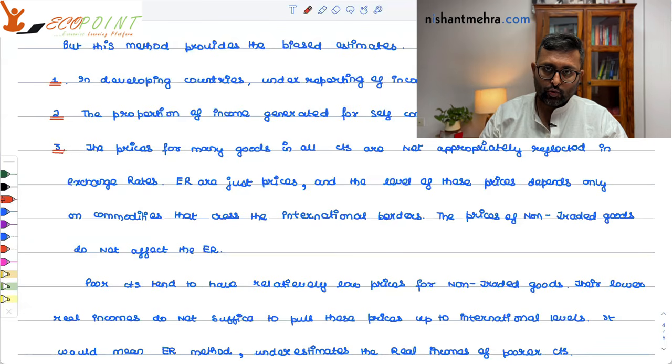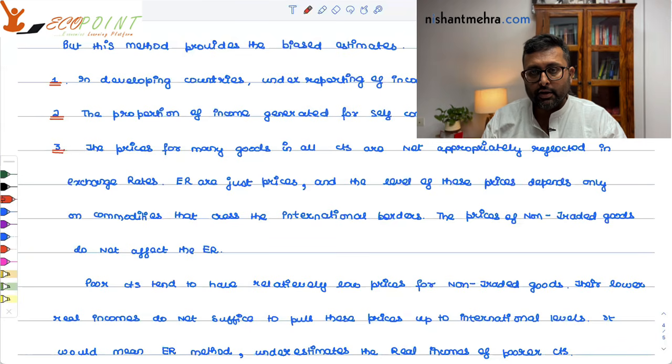And having said so, it means that if you're going to use the exchange rate method, it will be underestimating the real income of the developing nations. So because of underreporting of income, the exact income of the developing countries is not being reflected. Because of a huge proportion of goods which are being produced for self-consumption, the exact amount of income is not being reflected.